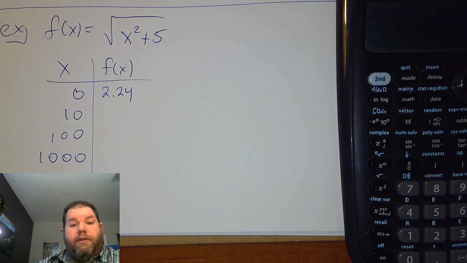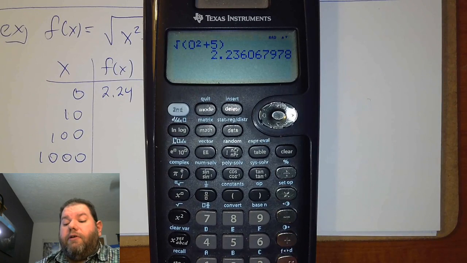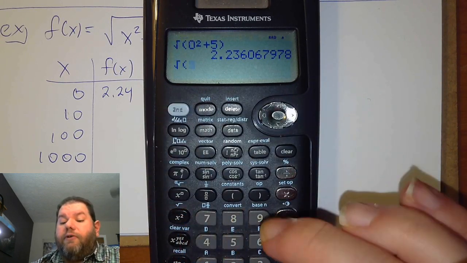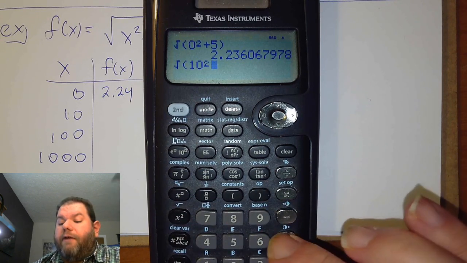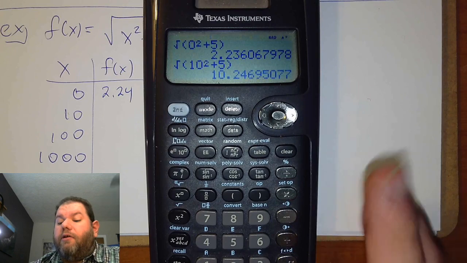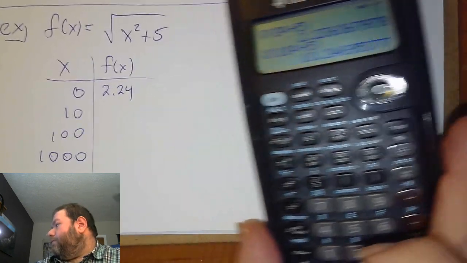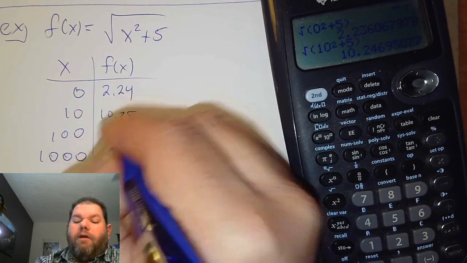And then we repeat that for 10, for 100, and for 1000. So for 10, for instance, we have our square root of 10 squared plus 5. And that gives us 10.25. And we would complete the other two the same way.